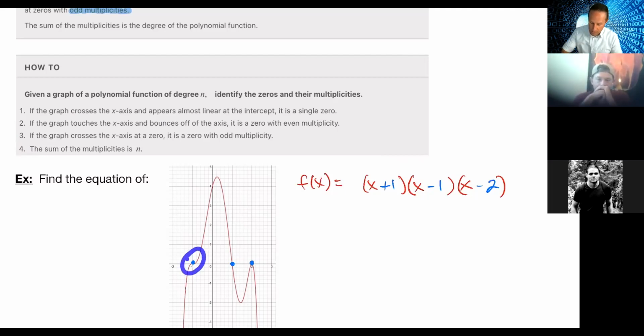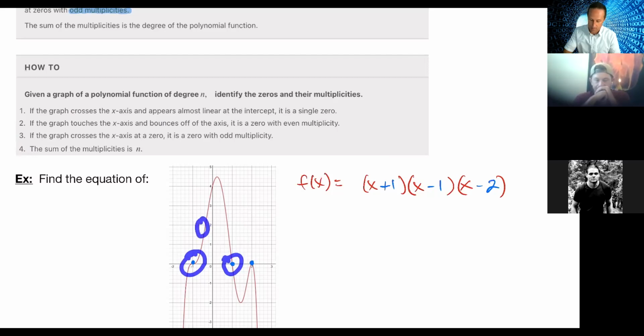So look at these zeros that we just talked about, those x-intercepts. And can you see how this one goes from a negative to a positive in the y value? This one goes from a positive to a negative. So what do we know is true about these zeros and their multiplicities? What do they have to be?